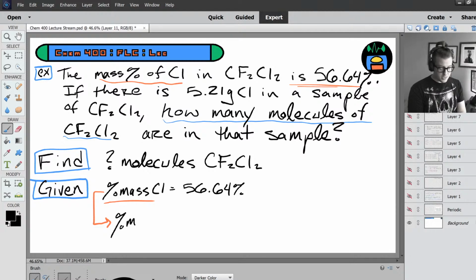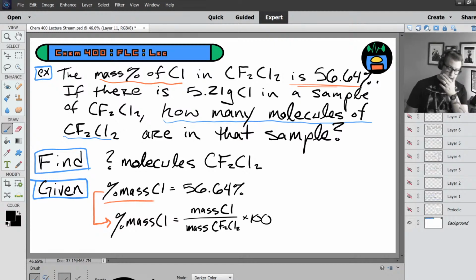Mass percent of chlorine is equal to the mass of chlorine in the molecule over the total mass of CF2Cl2 times 100. That is another critical piece of given information.